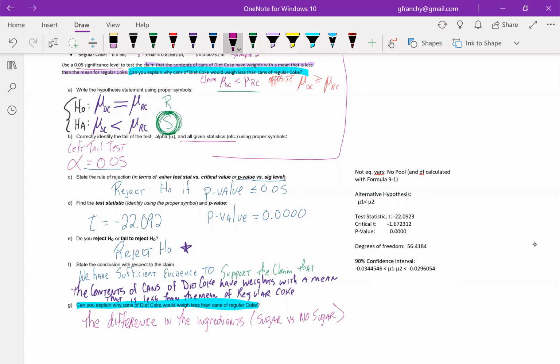And just generically, without looking up the ingredients of Coke and Diet Coke, the difference in ingredients is probably going to be related to whether or not it contains sugar.